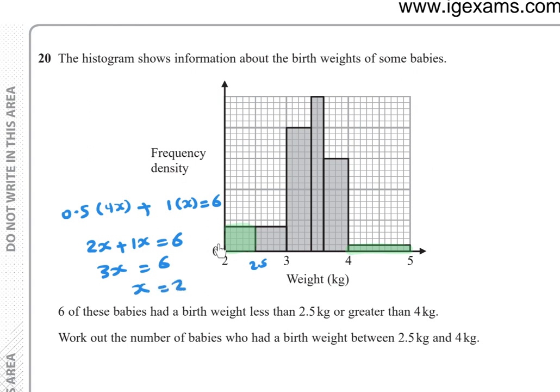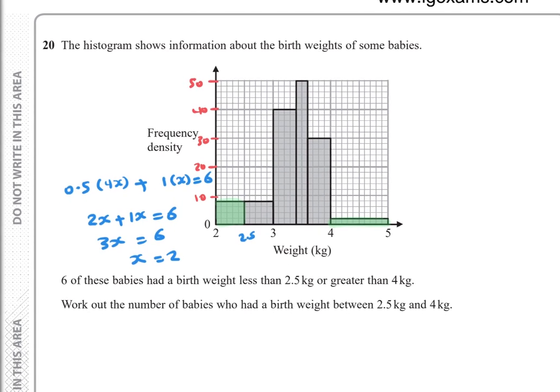Now each small square represents 2, so 5 small squares represent 10, so the scale is 10, 20, 30, 40, 50. And we can find the height for each rectangle, so we can find the area for each one of them.